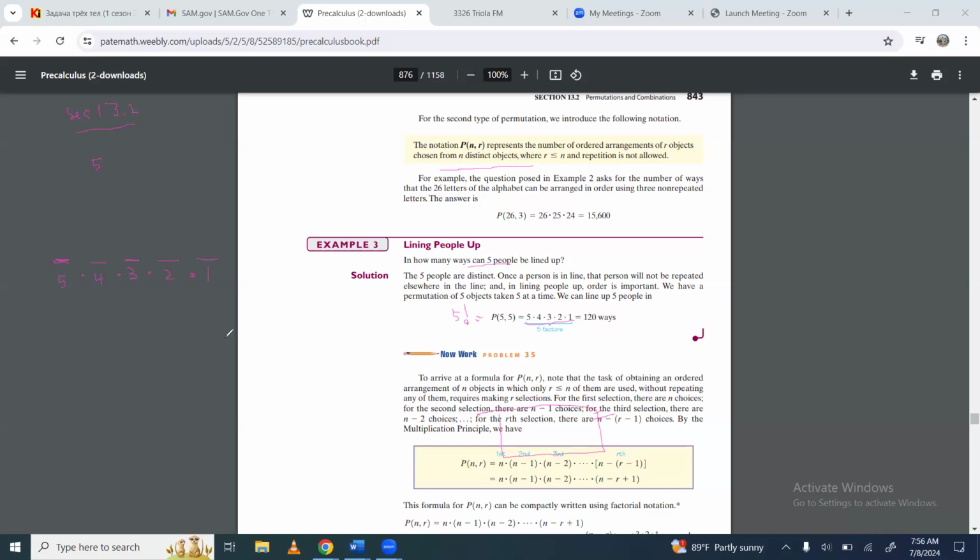And when you multiply these together, you get 120. That's the so-called number of permutations, the number of ways to permute 5 people in those 5 spots. One may say it's not very clear how this works because it's kind of tricky.